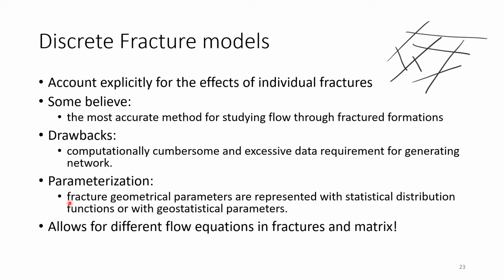So you're doing some investigation of fracture aperture width in your studied area. If you have the possibility, you will get some statistical distribution, and you apply this statistical distribution to your artificially generated fracture network.